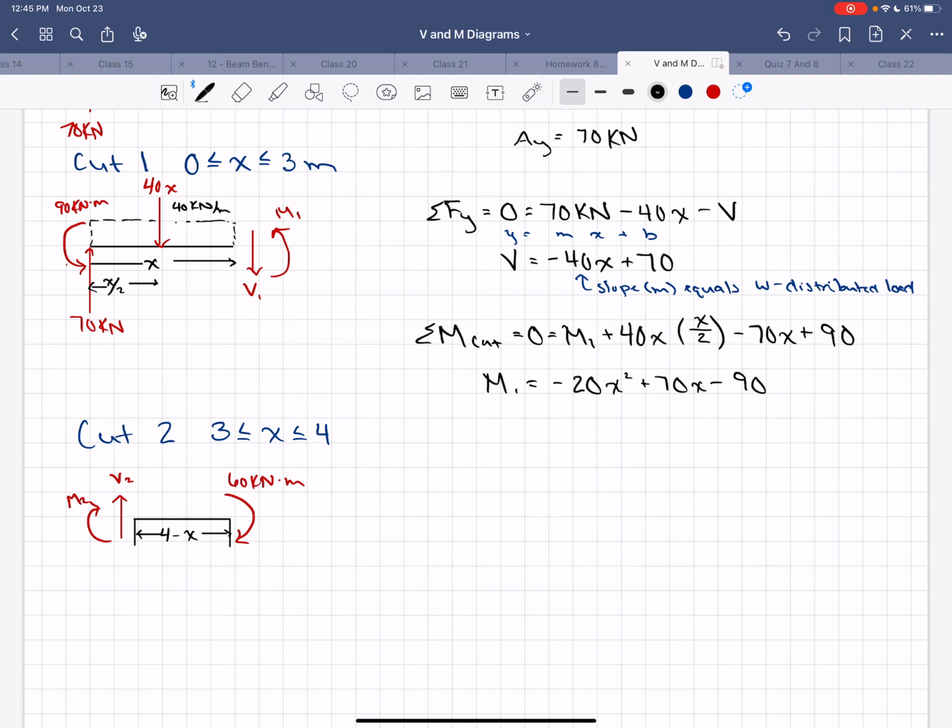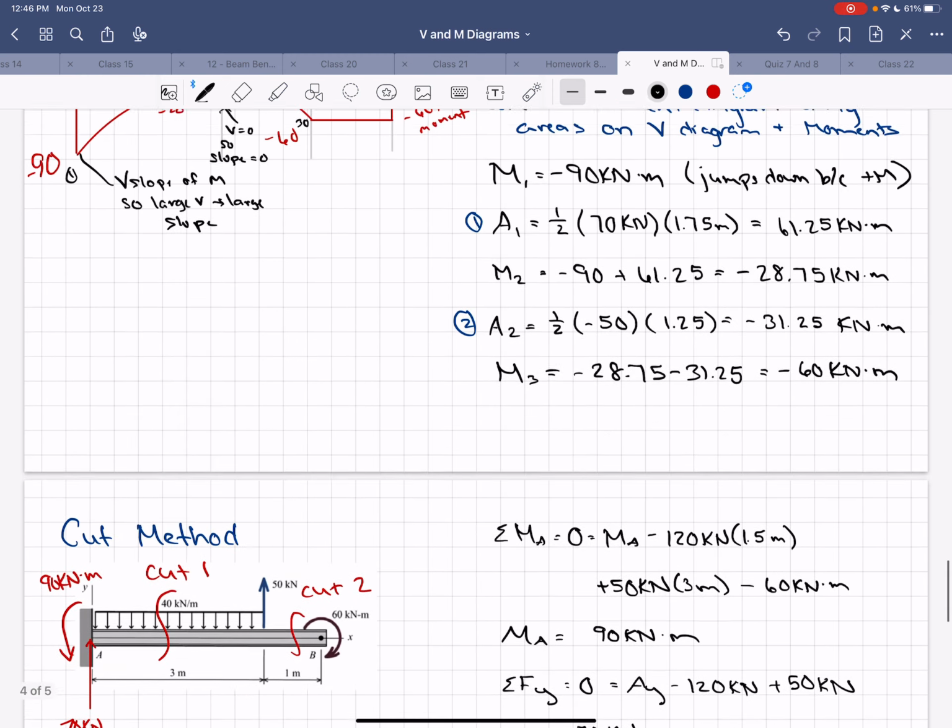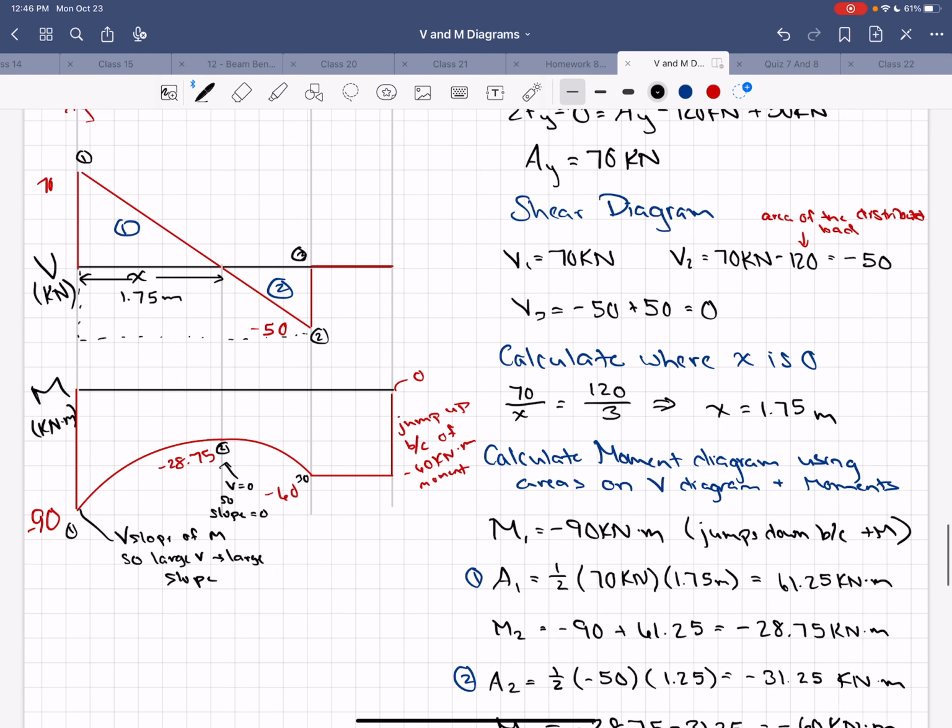Okay, but this one's kind of easy, so you don't get to see how much fun it is to work with that. So now we can sum forces in the y equals 0, and the only thing we have is V2, so that equals 0, and that tracks with our shear diagram.